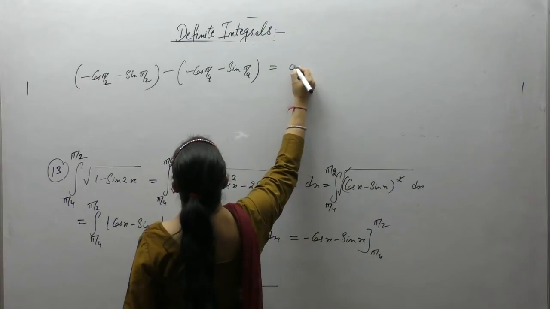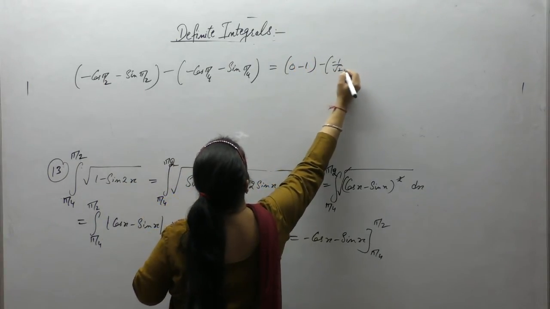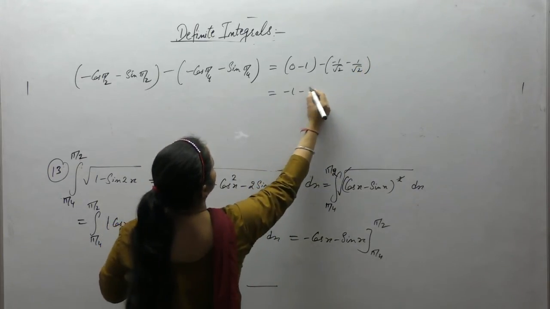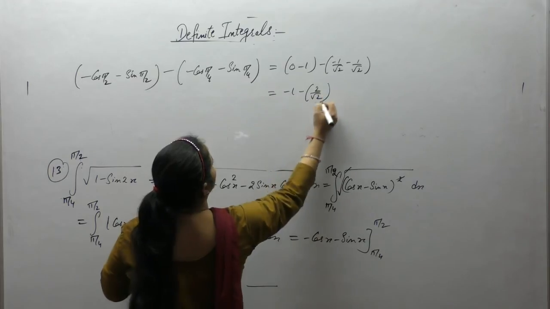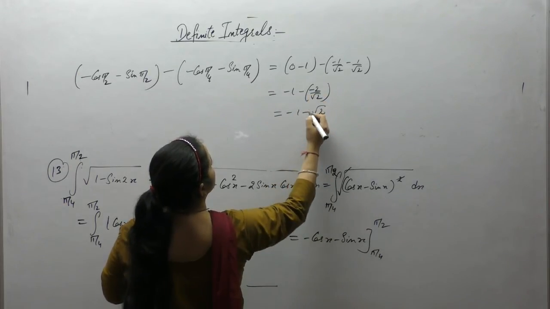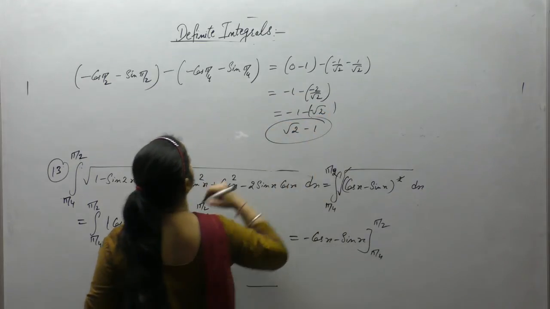Cos 90 is 0, sin 90 is 1, cos pi by 4 is 1 by root 2 and sin pi by 4 is 1 by root 2. So we get 2 by root 2, that is root 2 minus 1.